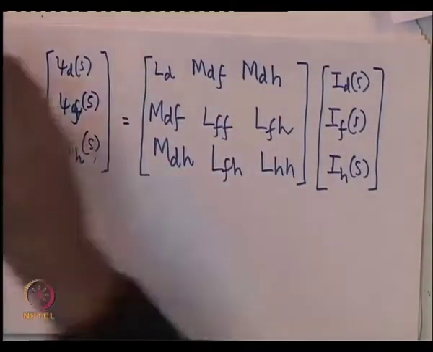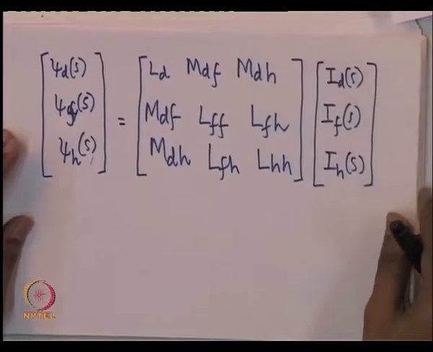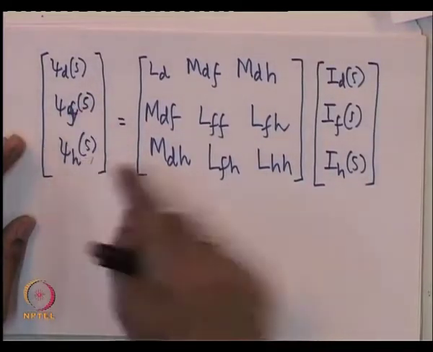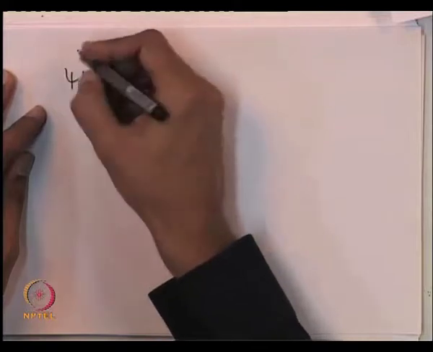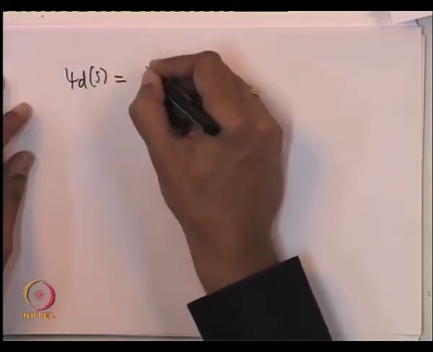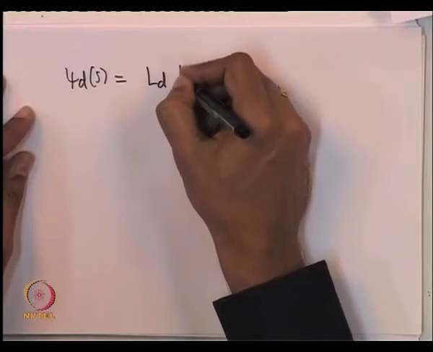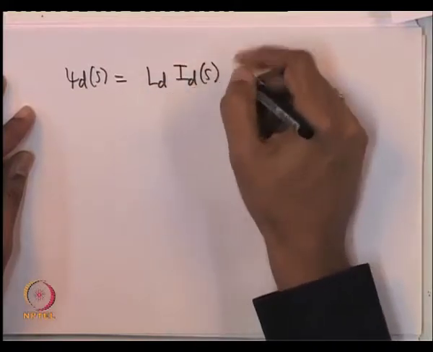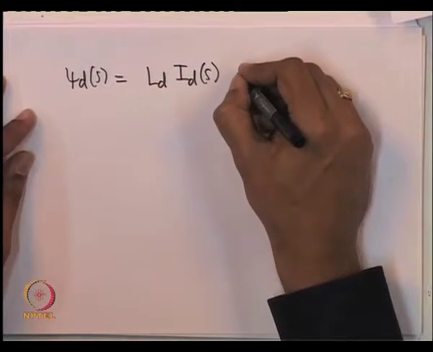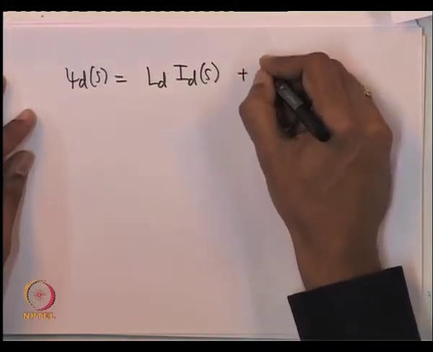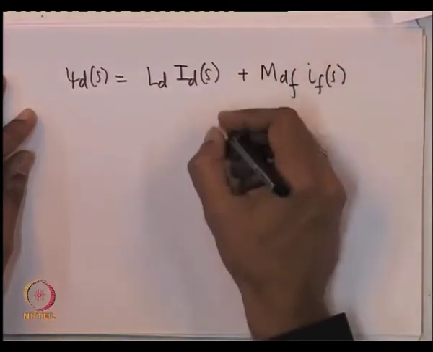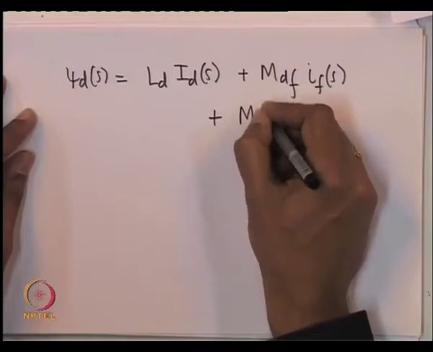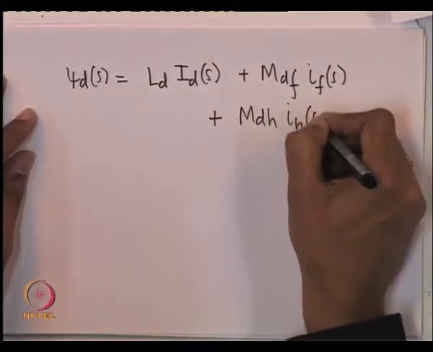So, just to cut a long story short, if you substitute for psi f and psi h here, you will finally get psi d of s is equal to L d I d of s plus M d f into I f of s plus M d h into I h of s.